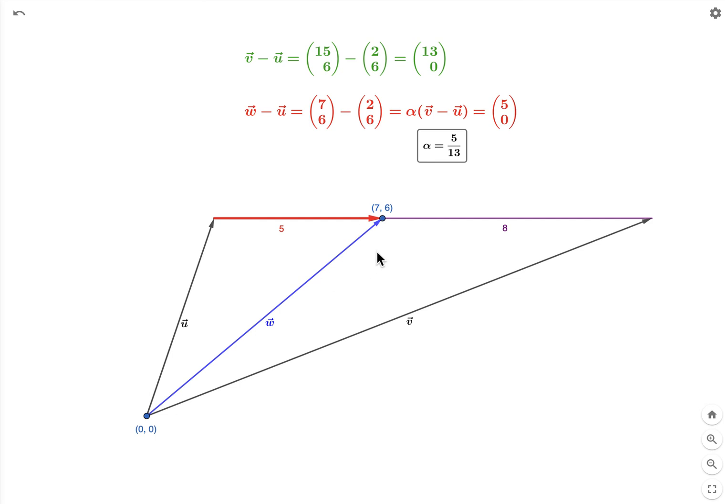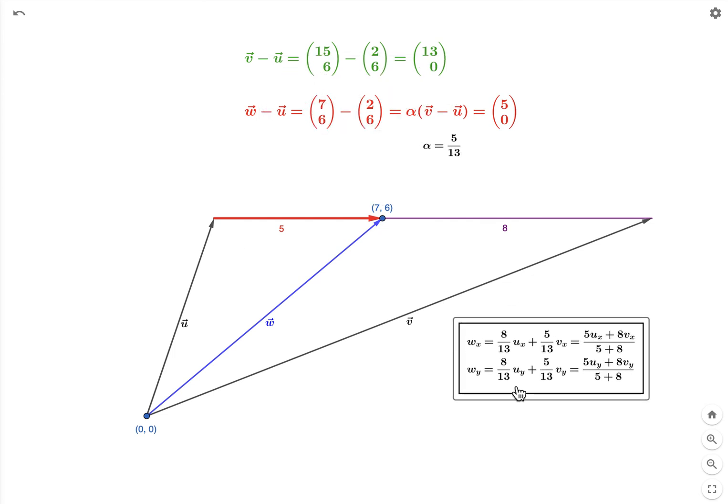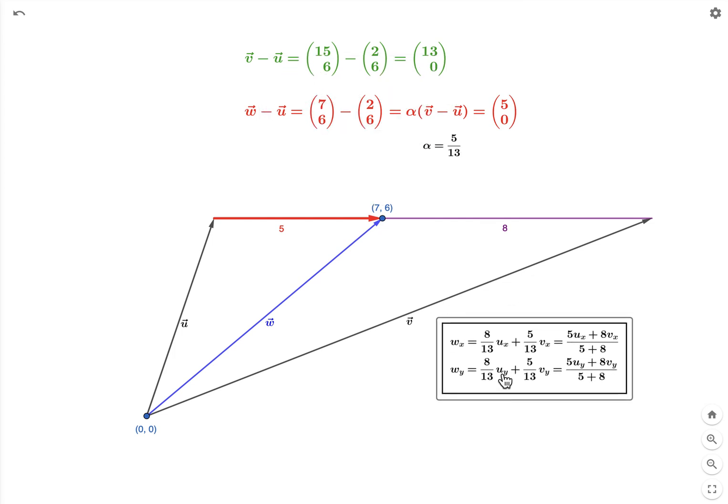And so right now, I think I can just write the answer and we can just see if that makes sense. So the answer is over here. I will place it below.